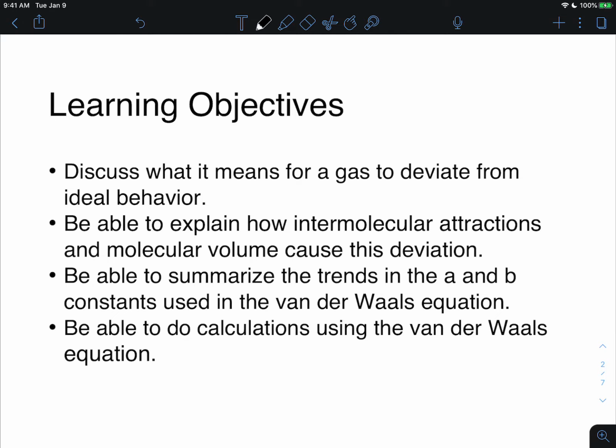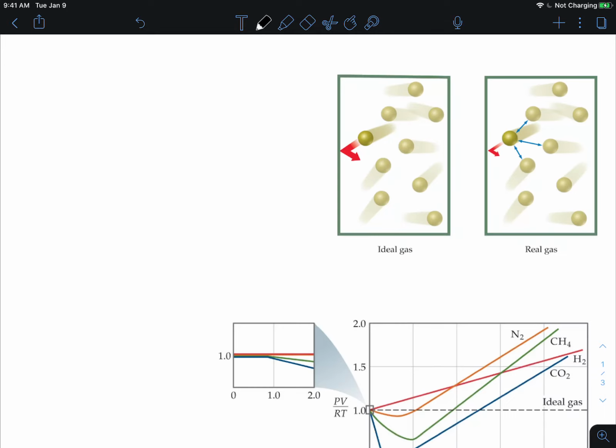the different variables within a real gas. So an ideal gas is going to obey the tenets of our kinetic molecular theory. Ideal gases obey the kinetic molecular theory of gases. Remember, KMT, kinetic molecular theory.